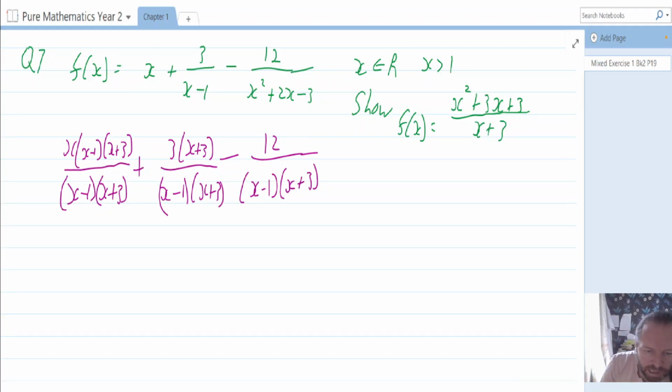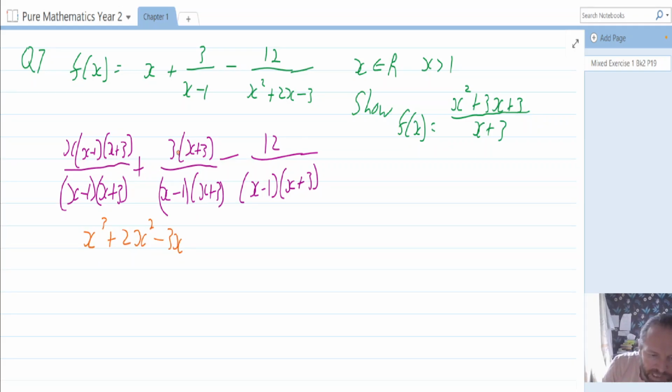So as we multiply out the first fraction here, it's going to be this quadratic when we do the brackets, now multiplied by x, so that's x to the power 3 plus 2x squared minus 3x.